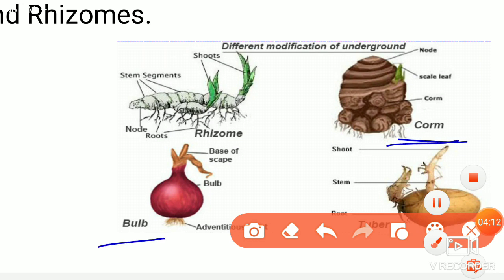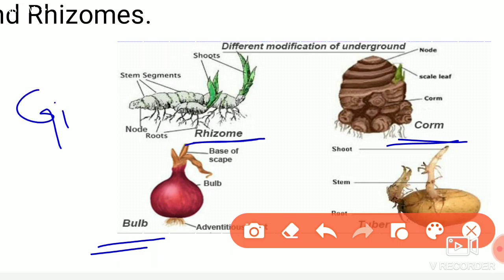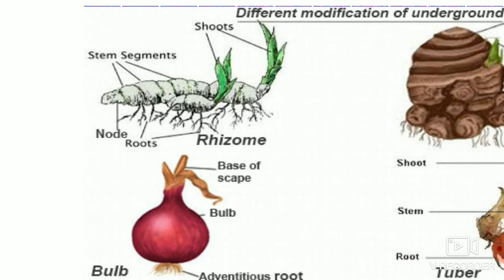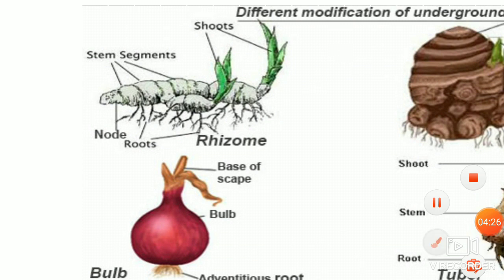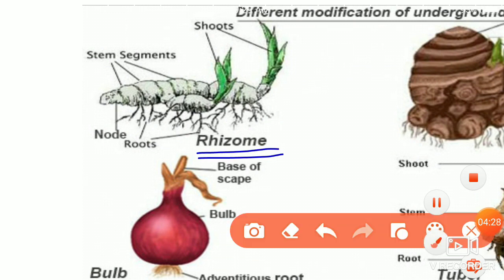So here it is a bulb. And in the case of rhizome, ginger, shunti. You can see this ginger, which is a modified stem; that structure we call a rhizome. Here it also produces roots in the case of the rhizome.